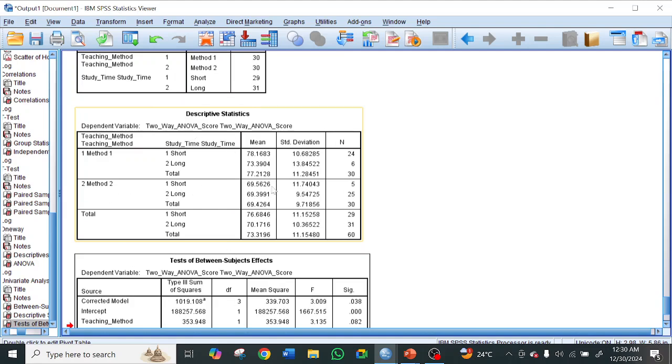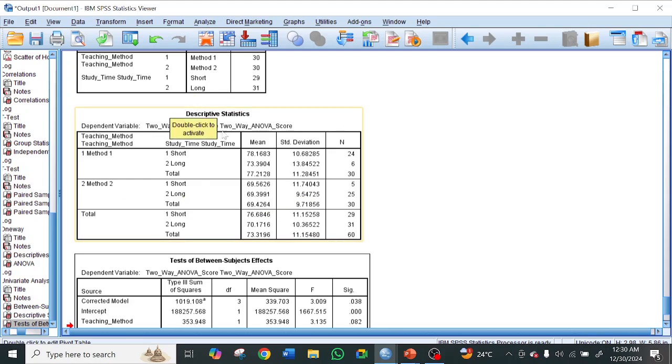Method 1, you can see the mean is 69.5626 for short, and method 2 for long is 69.3. Although there is no big difference, the data shows that the short study time is higher.